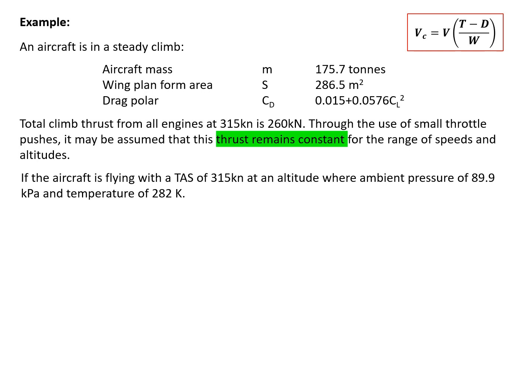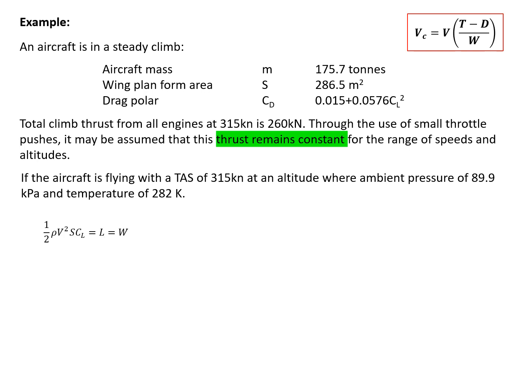And in order to calculate the maximum Vc, we need to look at the equation of Vc on the top right, and we know T is a constant and W is also a constant, so it really relies on V times D.